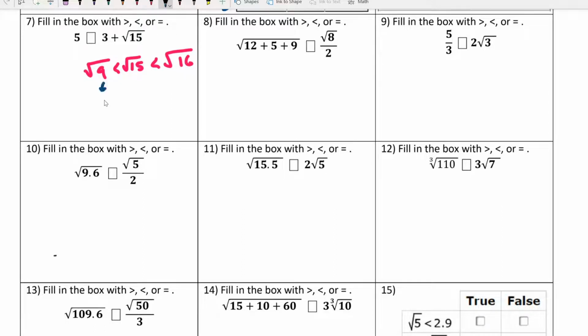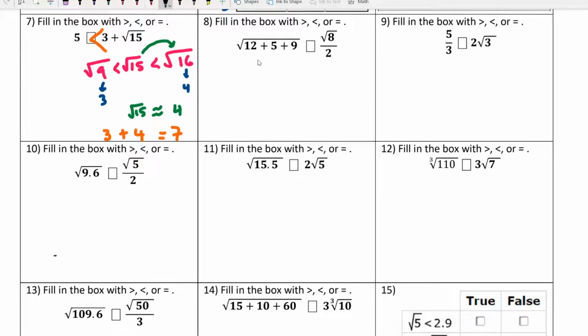So square root of 9 is 3 and square root of 16 is 4. 15 is closer to 16, so we will estimate square root of 15 as approximately 4. We round it to the nearest square root, which is 4. So 3 plus square root of 15 means 3 plus 4 in our case, which is 7.